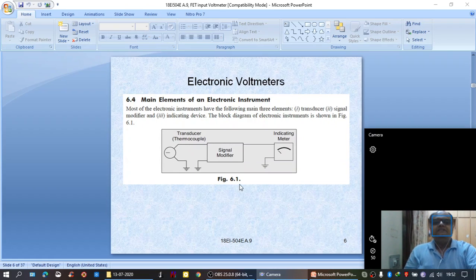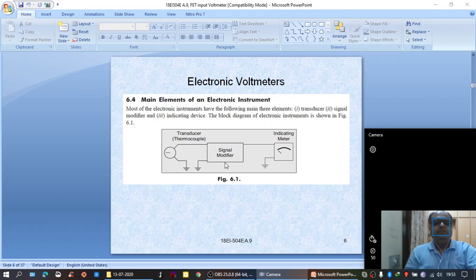The main parts of an electronic voltmeter or an electronic instrument are, as I explained in the example, a transducer, a signal conditioner, and the indicating meter. Indicating meter is the final stage. First one is the transducer, which converts any parameter into an electrical parameter.